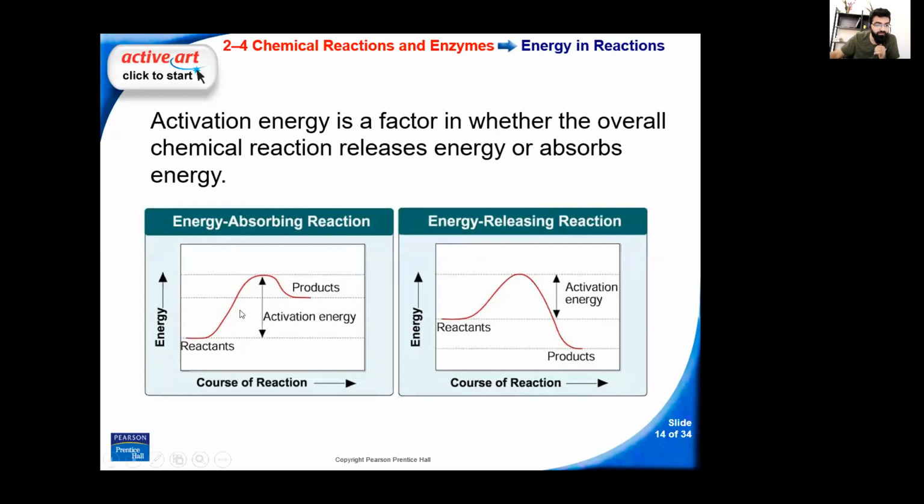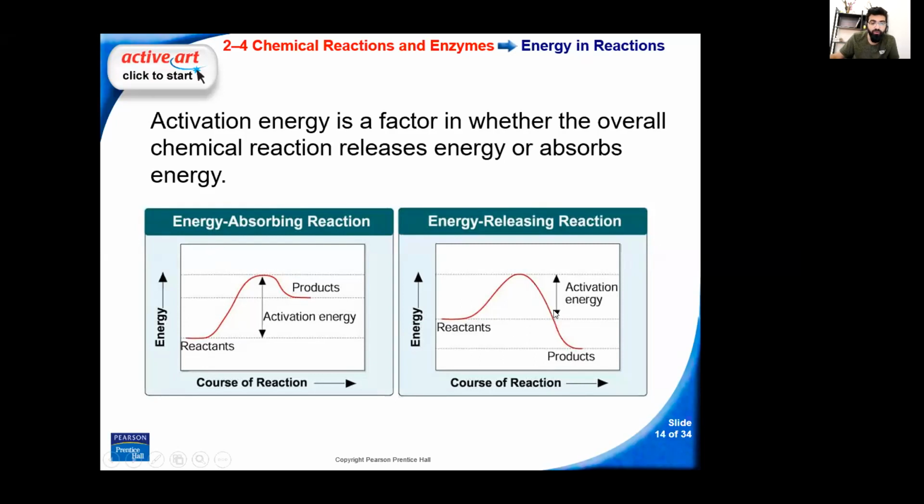And to understand how to point out the activation energy. We said in the energy absorbing reaction that the products will carry higher energy than the reactants. The activation energy is the hit point to the reactants. While here, for example, we have an exothermic reaction. The reactants carry more energy than the products, meaning that the energy is released.